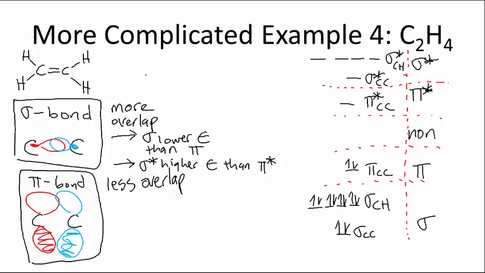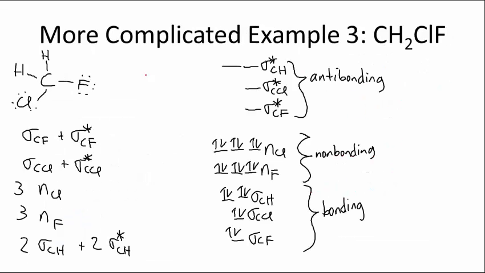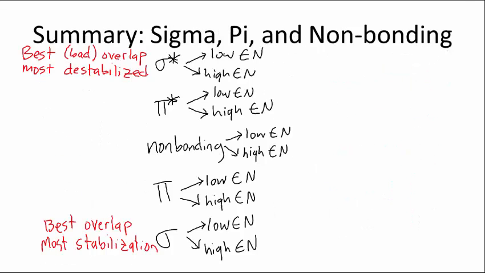Even though there's two areas of overlap, there's not as much overlap in either area, because they're not pointed directly at each other. And so when there's poor overlap, there's not going to be as much stabilization from making a bonding orbital. There's not going to be as much destabilization from making an antibonding orbital.